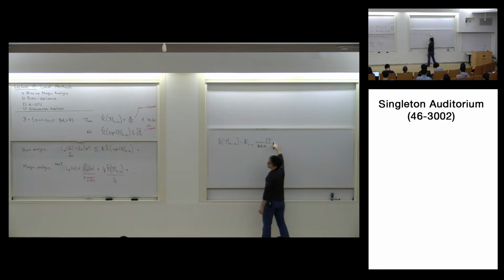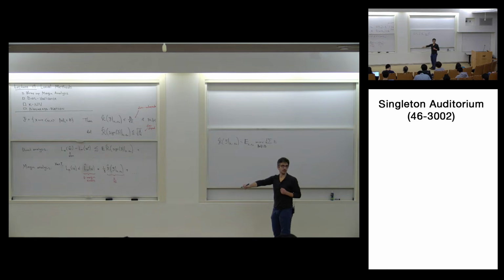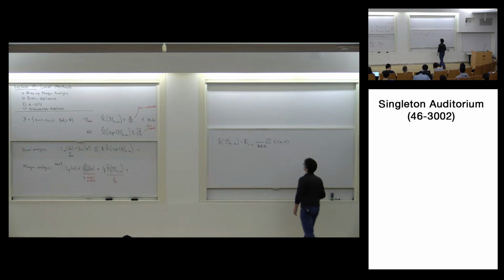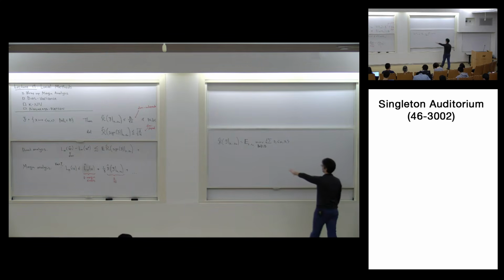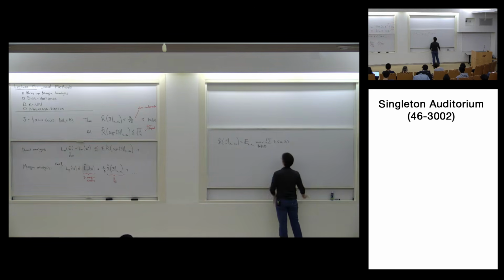And now I'm going to expand this inner product as epsilon i times the function values on the data, right? So the function values on the data is just the inner product of w with all the data points. So I get epsilon i, w, xi. That's just the definition of these Rademacher averages in this case.